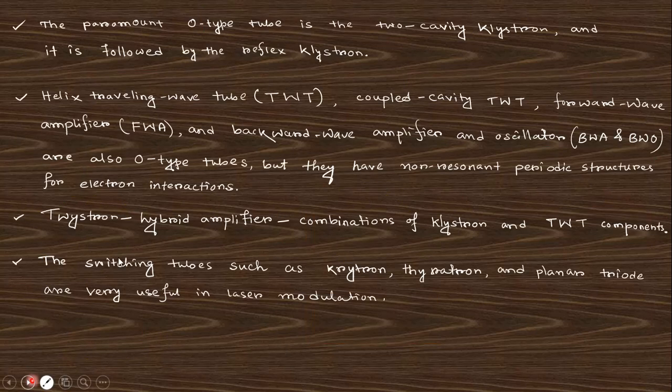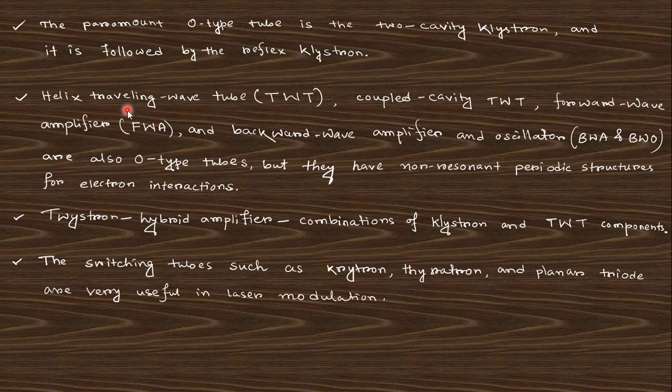So let's start with the klystron. Before that, we will discuss the O type tube with some other properties. The O type tube is the two cavity klystron, and it is followed by the reflex klystron.